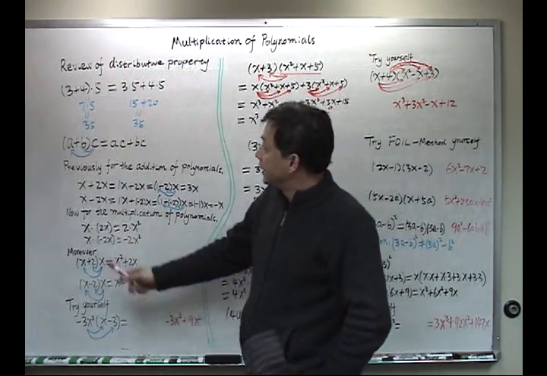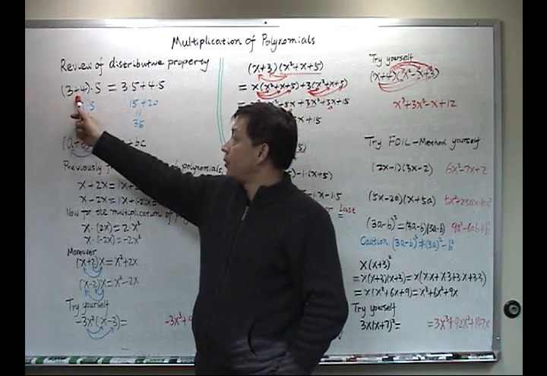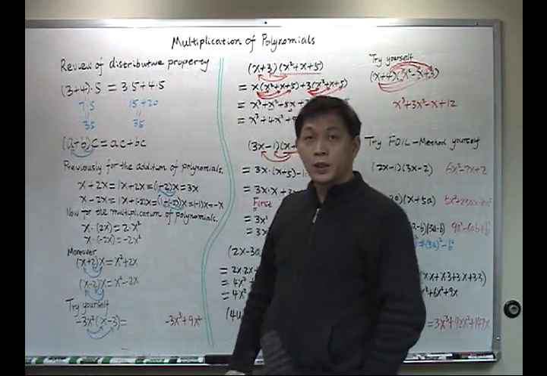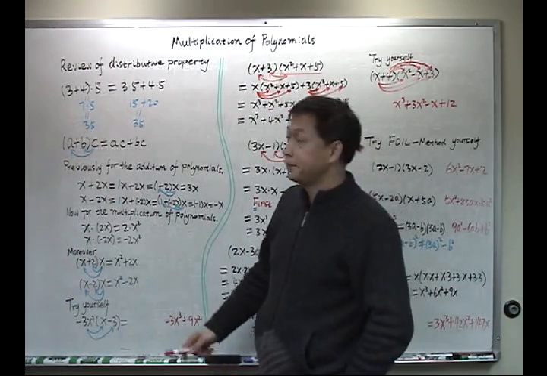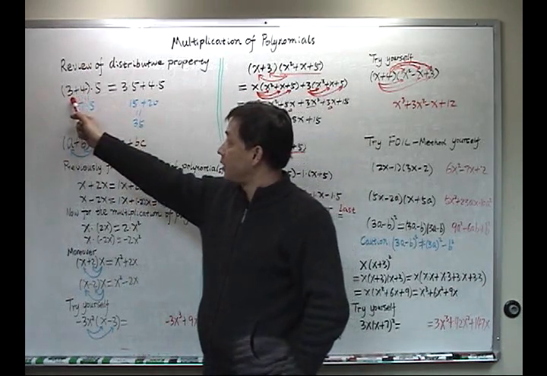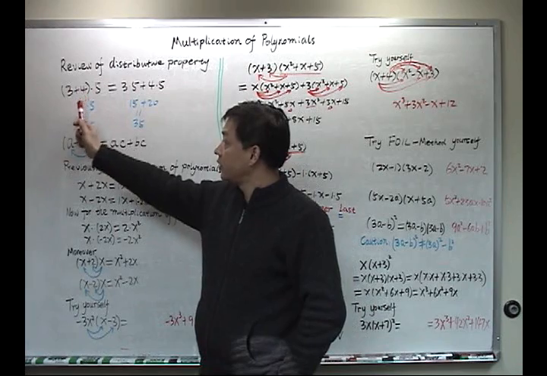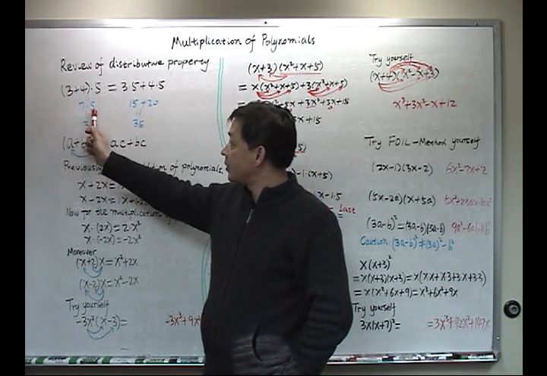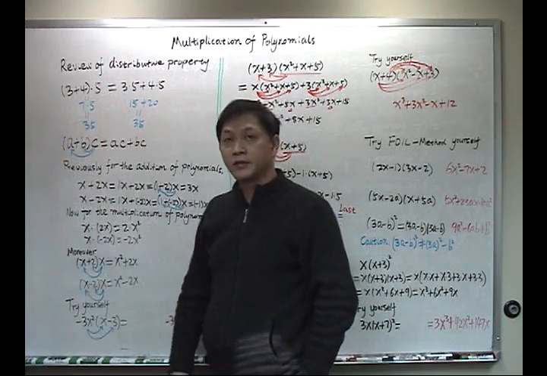Look, previously we have (3 plus 4) times 5. We know by the order of operations, we should do 3 plus 4 first, which gives us 7. Then 7 times 5, which is 35.